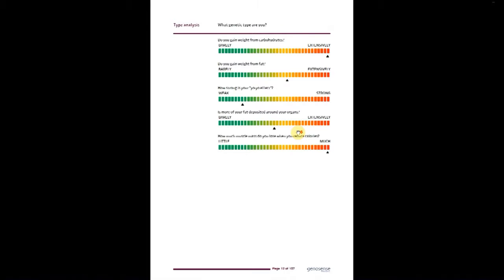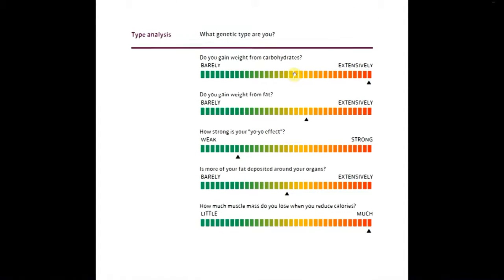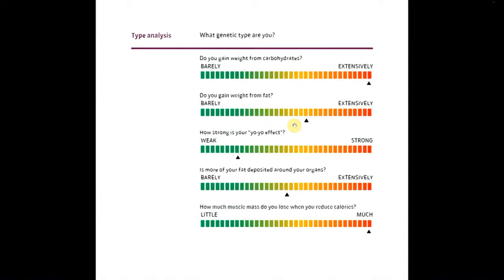So I'm going to go to the end of this here. Now here we see what kind of information we could gather from your genetic test. And the first step, the first thing, looks at what sort of genetic type you are. For example, the first question is, do you gain weight from carbohydrates?